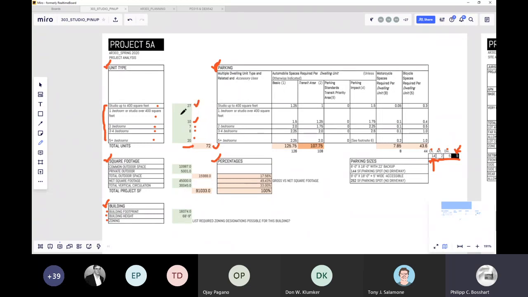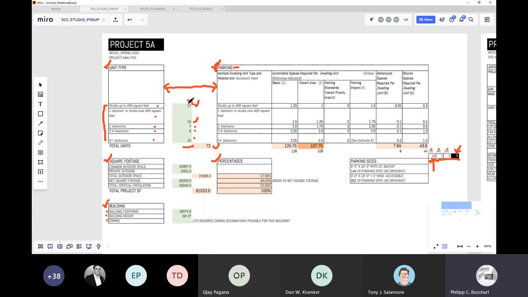The other part that we're trying to link here is how the amount of units is related to parking requirements. On a more cynical note, some people would argue that form follows parking. I think there's some truth to it, and there's a bit of evidence right here.